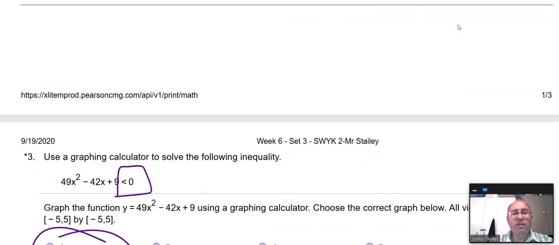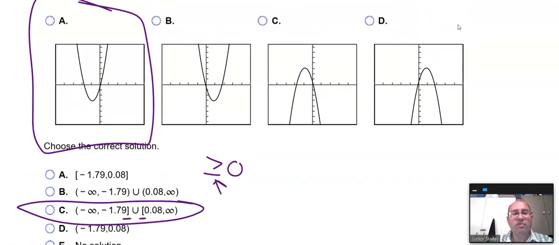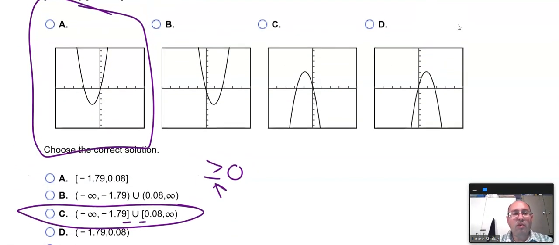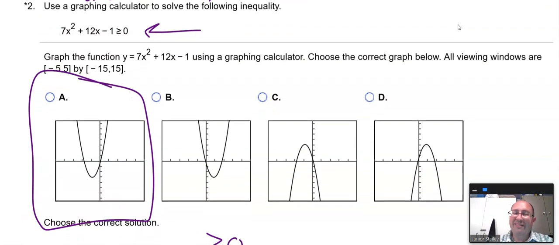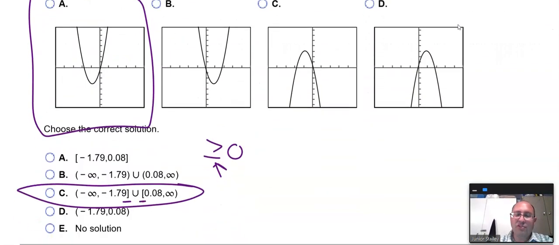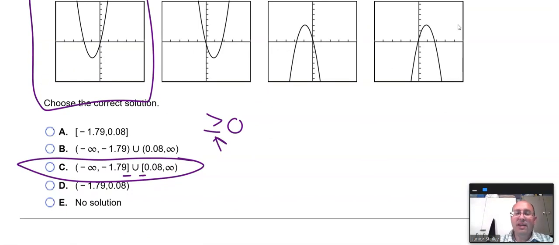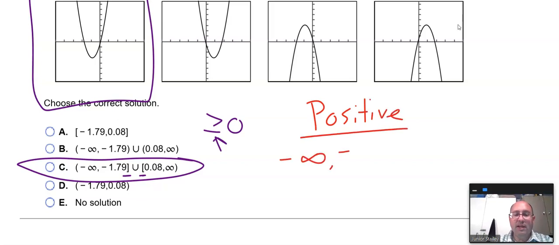Back up here. Let's look up here. This was a better scenario. What we were finding when we were solving these things, now it did have the equal to part. So technically, the positive interval here would have been from -infinity to -1.79 parenthesis union 0.08 to infinity.